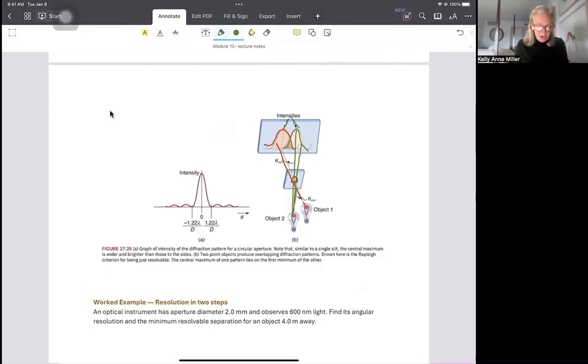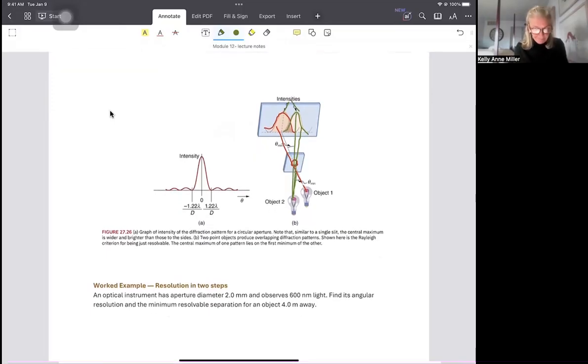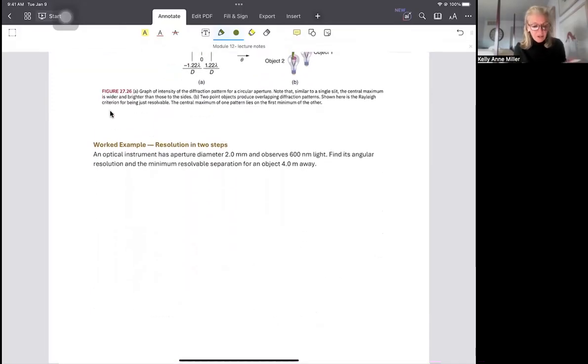Okay, so here's an example. You've got an optical instrument and it has an aperture with a diameter of 2 millimeters, and I've got 600 nanometer light, and I want to know the angular resolution.